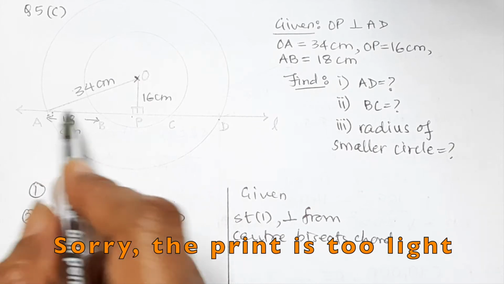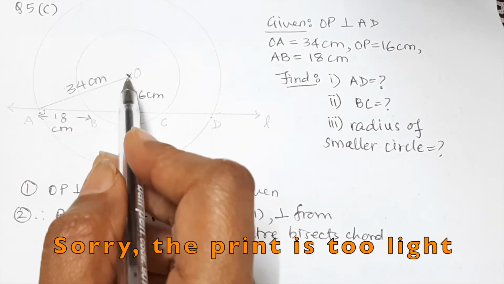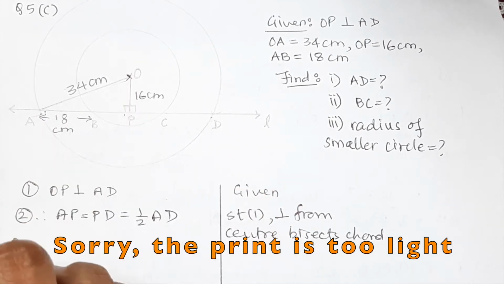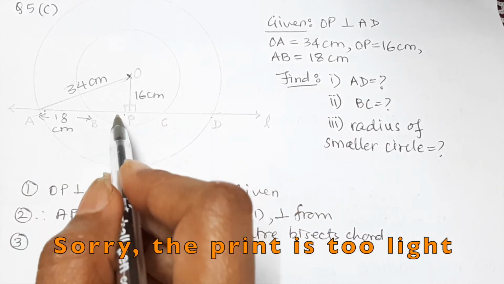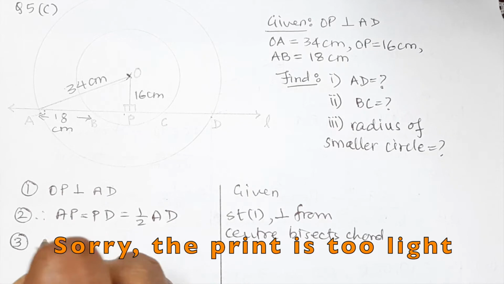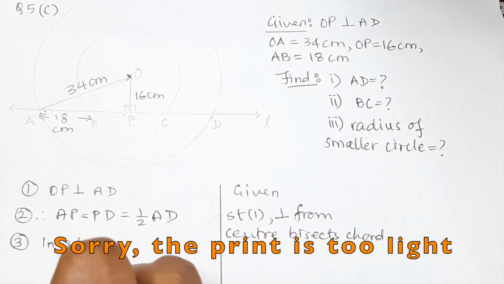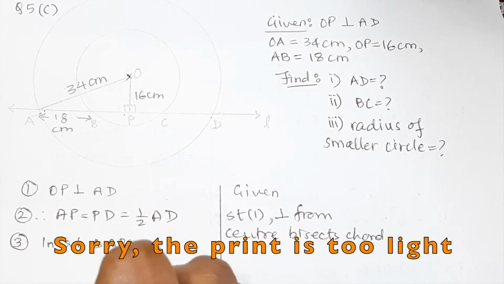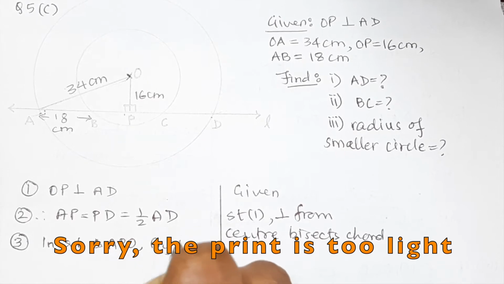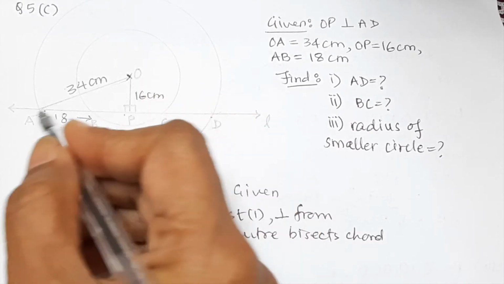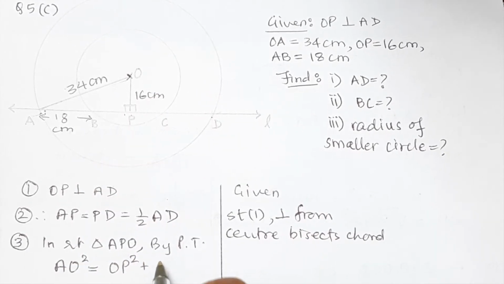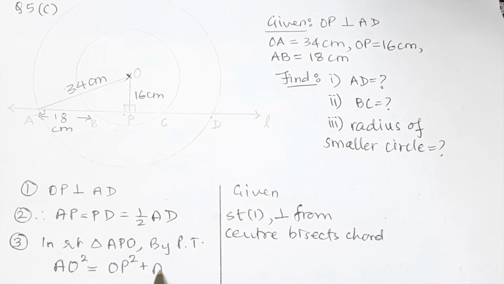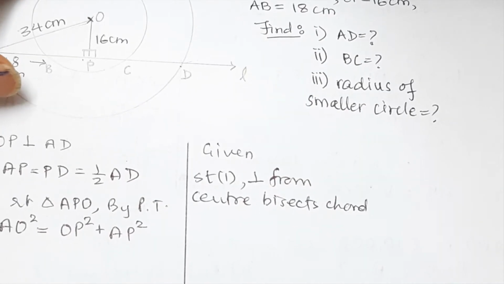Now AP can be found out using this triangle. So we know that this OP is perpendicular, so this becomes a right triangle. So in right triangle APO, by Pythagoras theorem, we will have AO square equal to OP square plus AP square. Now we have to substitute.